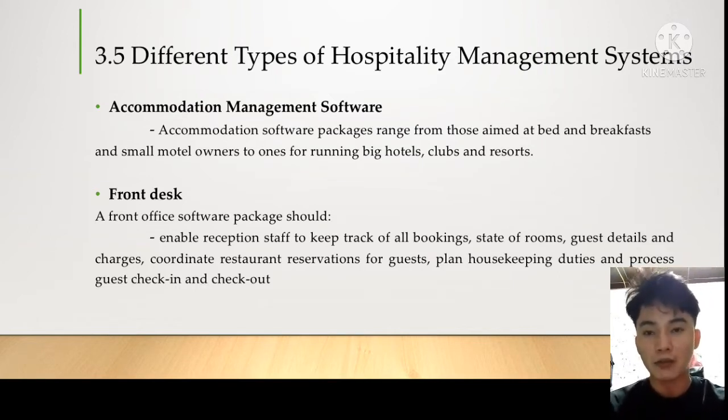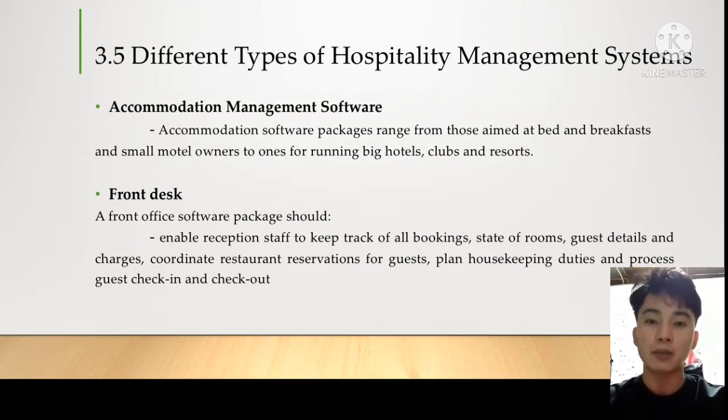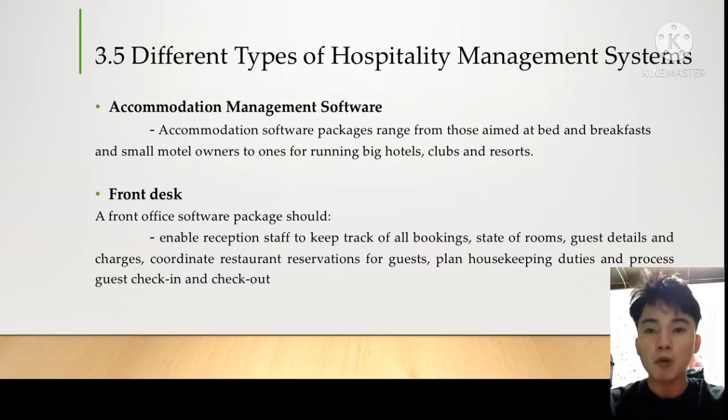So, accommodation management software. Accommodation software packages range from those aimed at bed and breakfast and small motel owners to ones for running big hotels, clubs, and resorts. The basic package offers simple guest and room management, while the more complex ones cover every aspect of managing a big hotel chain.